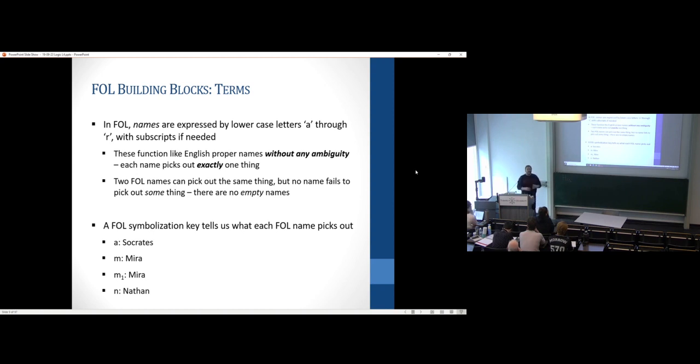So Crusoe, for our purposes, would have to be something in our domain, a term we'll talk about in a minute. Now, whether that means he's out there is a different question. For our formal language purposes, if we use the name, he's got to be in our domain. Whether that means he really exists, we don't care about that right now.